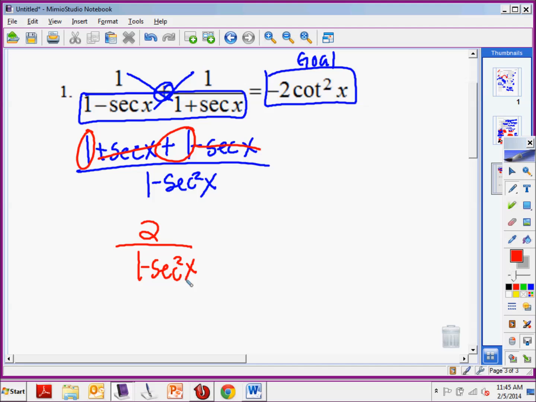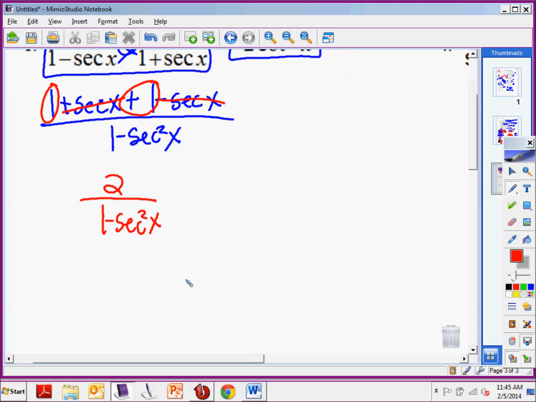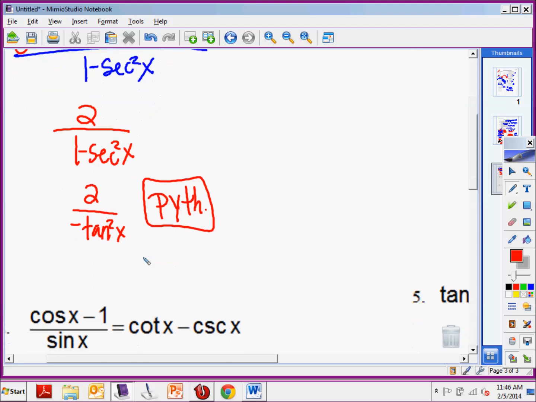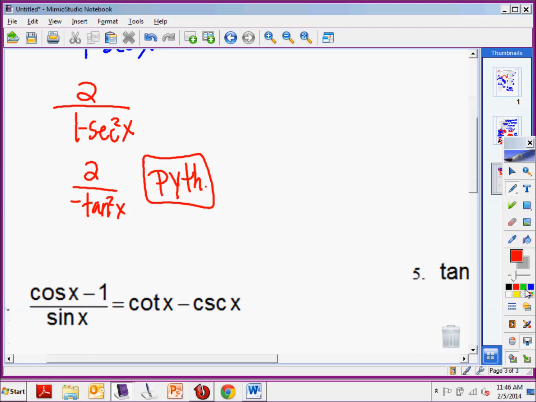1 minus secant squared is tangent squared. What kind of tangent? It's a negative tangent squared. Okay? So this is going to become 2 over negative tangent squared, and this is y. And then the tangent would become cotangent, 1 over cotangent. Good job. All right.